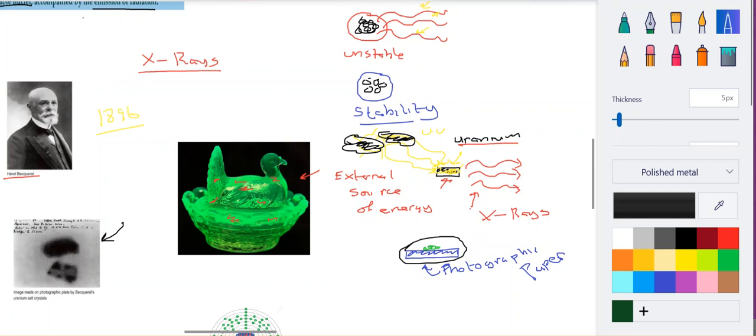What he actually did was put his wrapped photographic plates in a darkened drawer with some of the crystals of uranium. He would have had a plate similar to this, with crystals of uranium on it, but because it was overcast he wasn't able to get the sun.